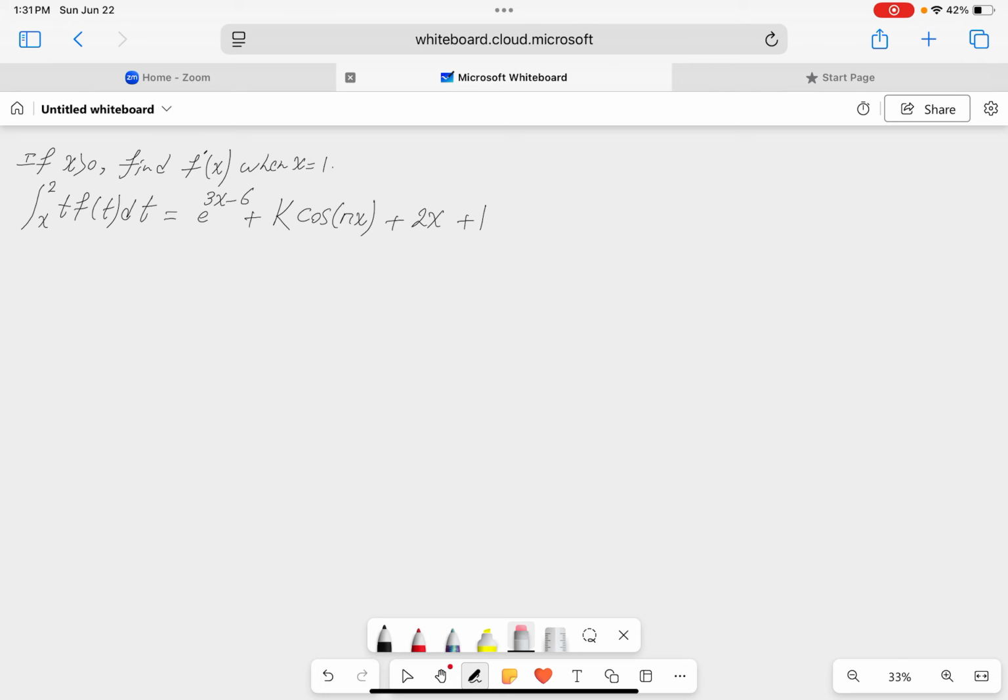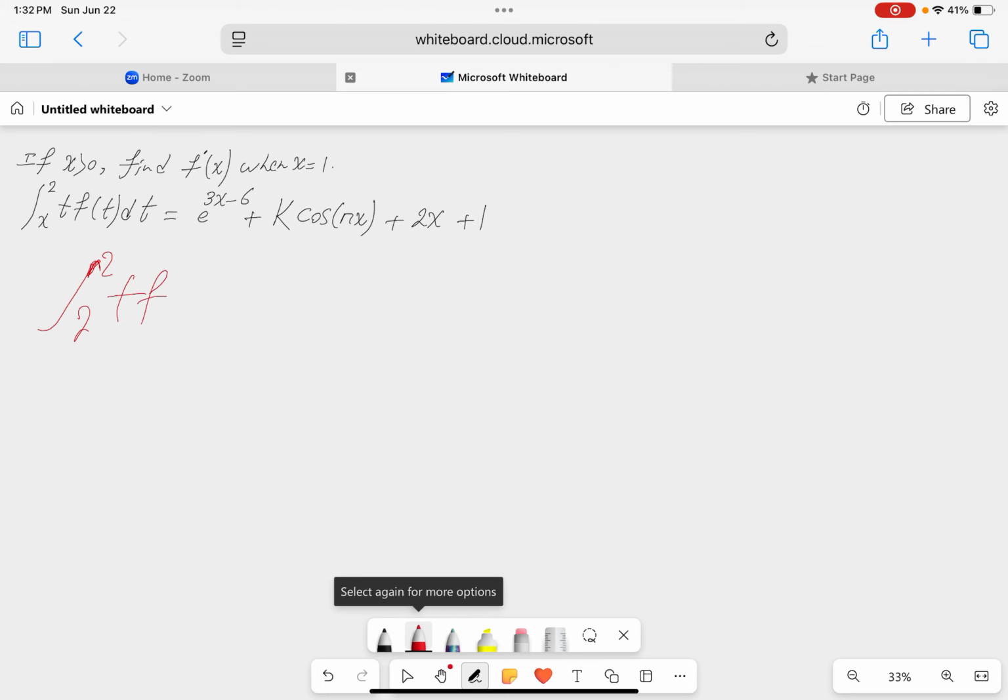First, we want to find the value of k, the constant. So how are we going to do that? Since it says this relationship holds for any value x bigger than 0, we can replace x with 2. If I have integration from 2 to 2, we know that when the start and ending of an integration interval are the same, the value is going to be 0, right?